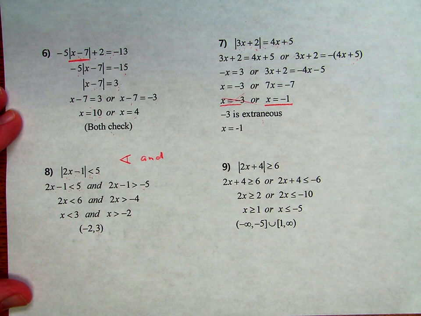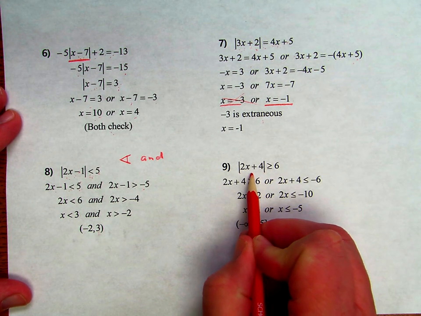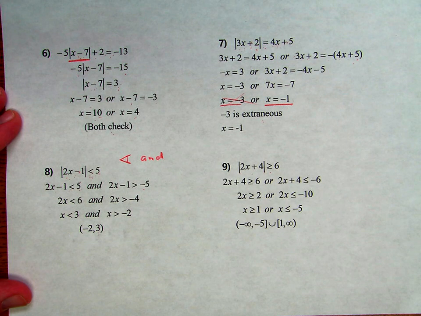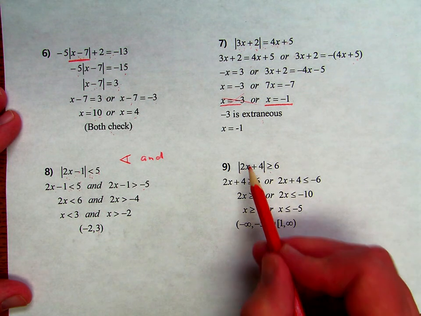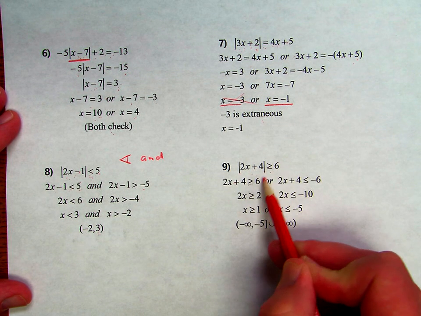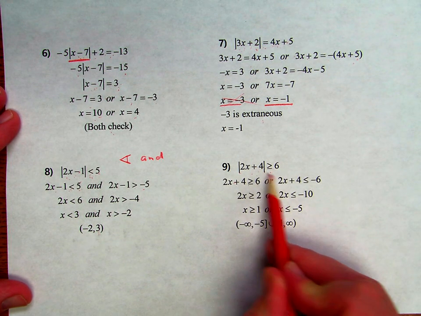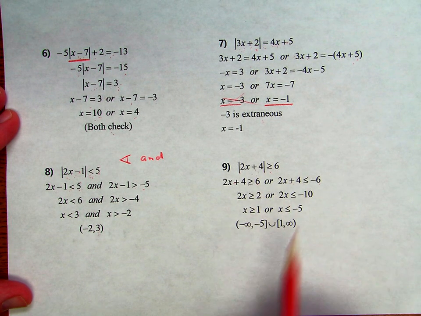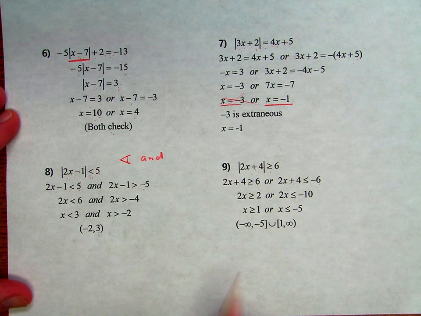Okay, number 9, it's an absolute value, whether this is an equals or an inequality. We need to isolate, then split. It's already isolated. Okay, the pattern for this split for an inequality: what's inside the absolute value, same direction, same sign. What's inside the absolute value, flip the arrow, change the sign. Okay.